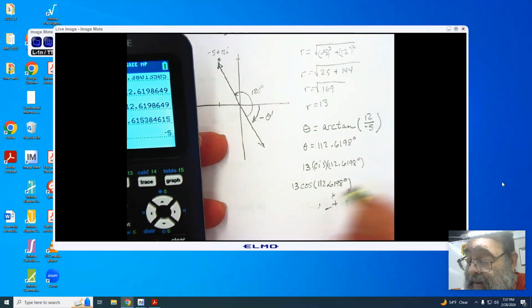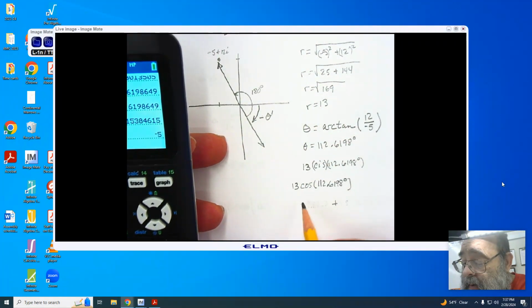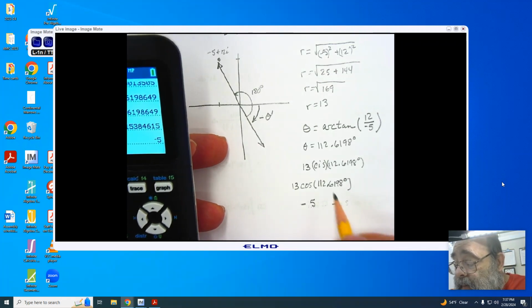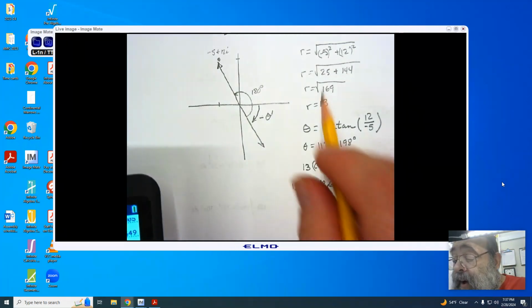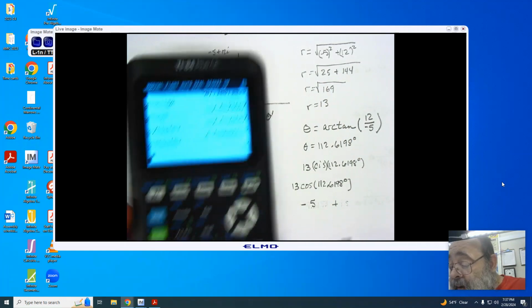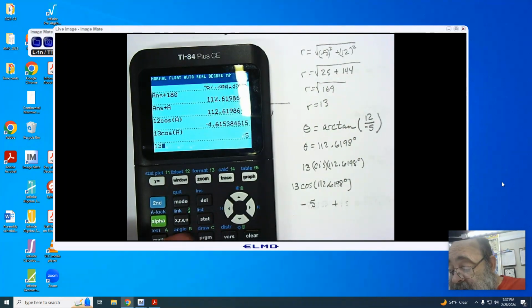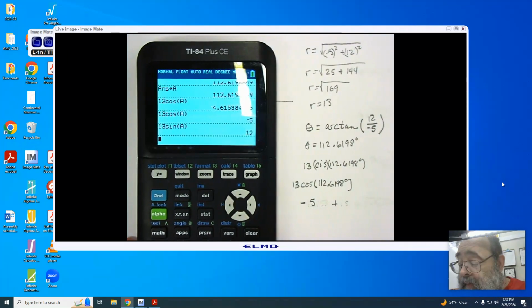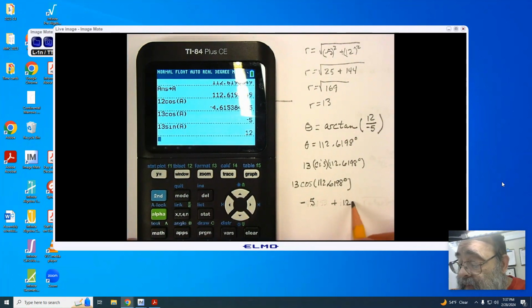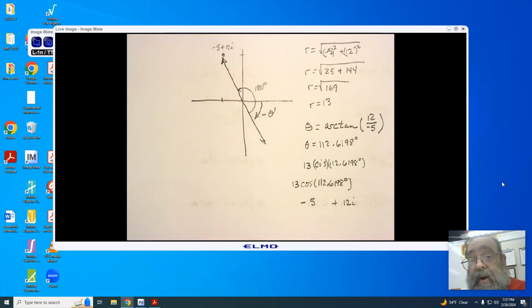If you don't go back to the same value, double check your work. It's important. And now I'm going to put in the 13 sine of this angle, and you'll notice I get that 12. So I have 12i. So you should be able to go back and forth between your polar form and your rectangular form by simply applying the formula that's been given.